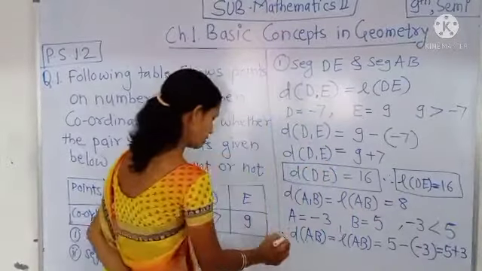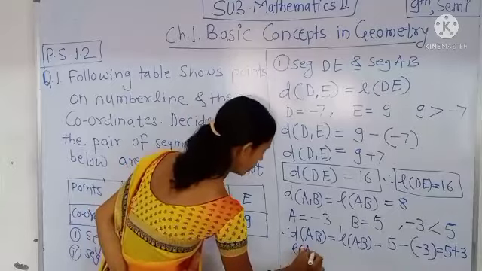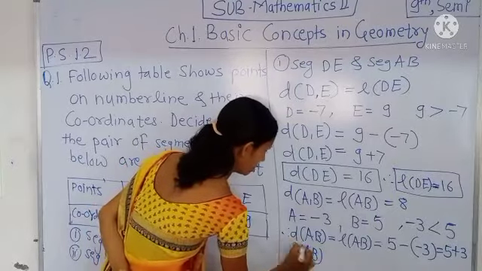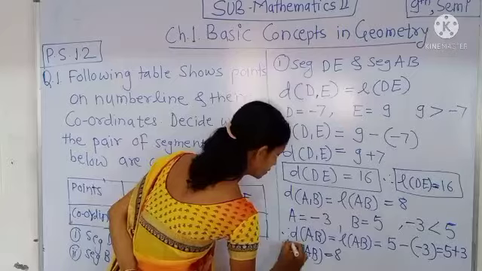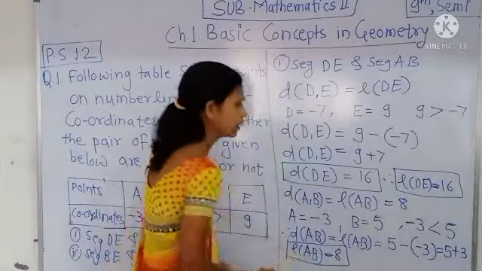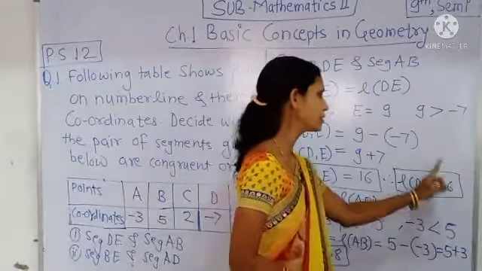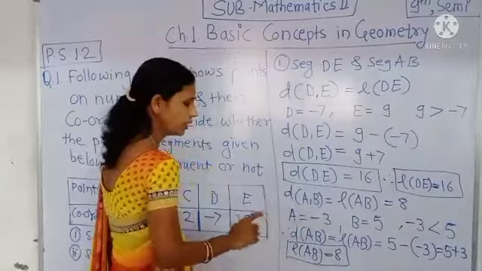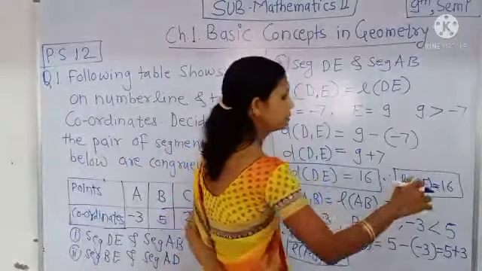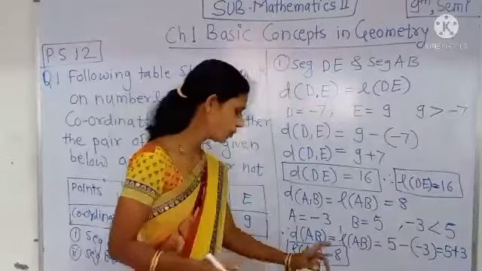So the length of AB is 8 units, and the length of DE is 16. Here the length of DE is double the length of AB.